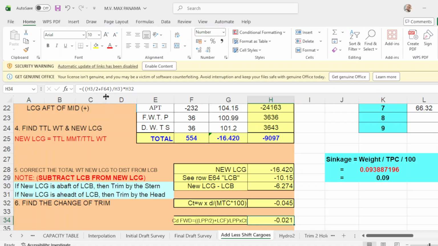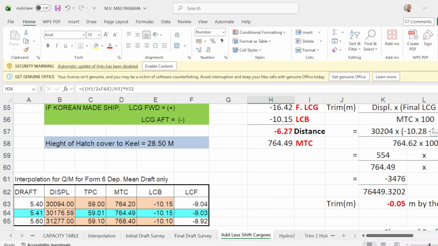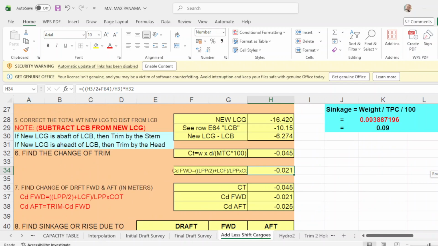What is your LCF here? F64. You go to row 64. LCF is F64, negative 0.903. Divide by your LPP, which is H3.